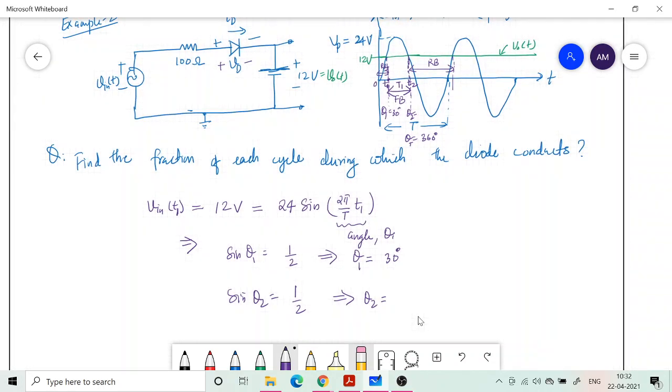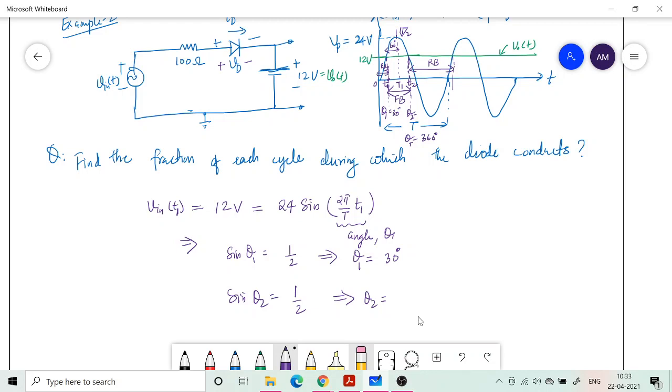Are you following me? Okay. Everybody knows that this peak happens at what angle? Sine is peaking at theta equal to pi by 2. This is the pi by 2 point. So at 30 it turned on, and then this much is 60 degree.